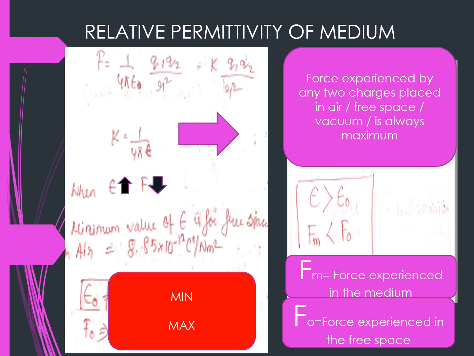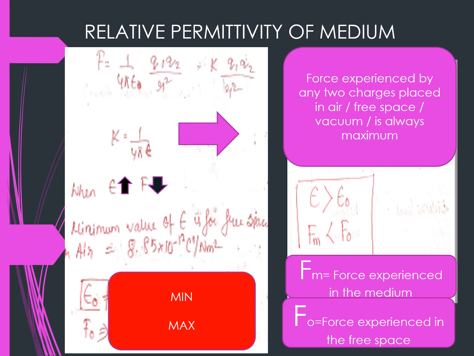When the charge is placed in free space, the medium will have absolute permittivity of free space. If it is placed in any medium like water, ether, etc., then it is epsilon m, or the permittivity of the medium. Permittivity is the property of the medium where the charge is being kept.